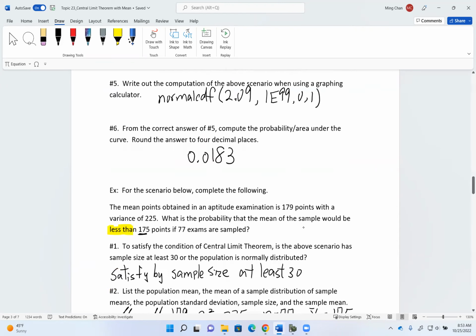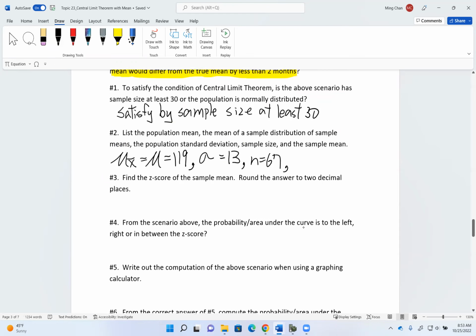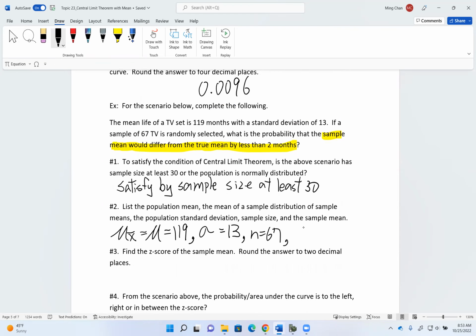So the means I'm actually trying to convert are 117 and 121 months. That word "less than" does not mean to the left. It actually means within 2 months.